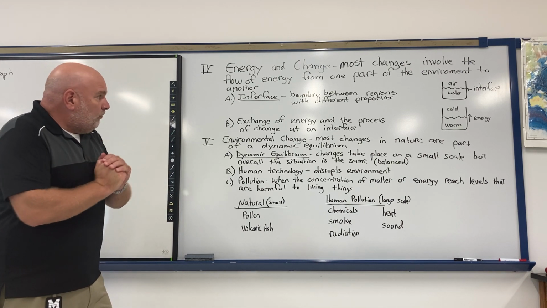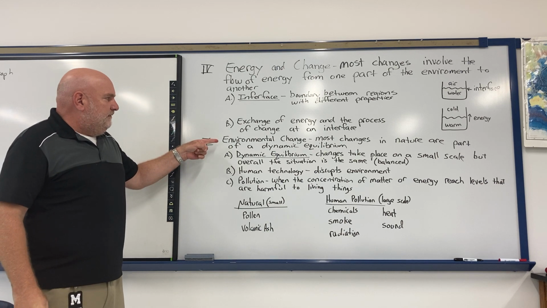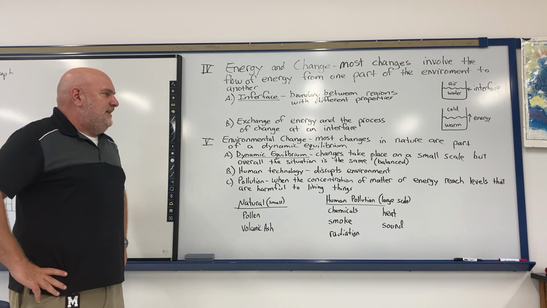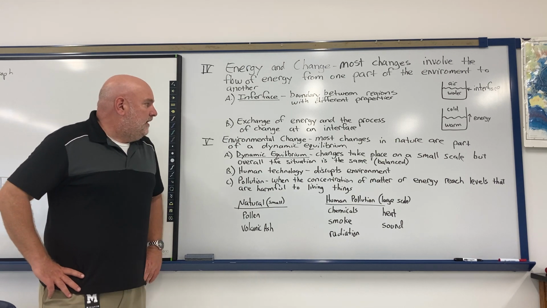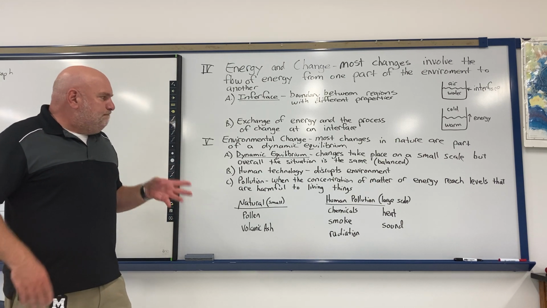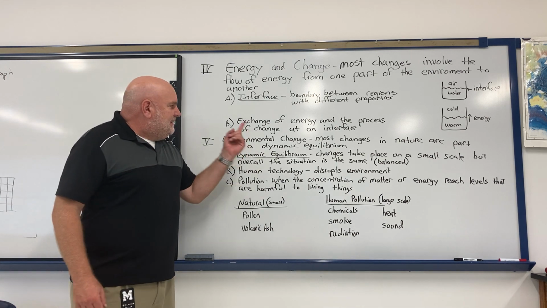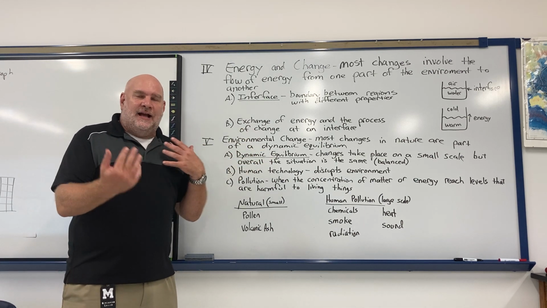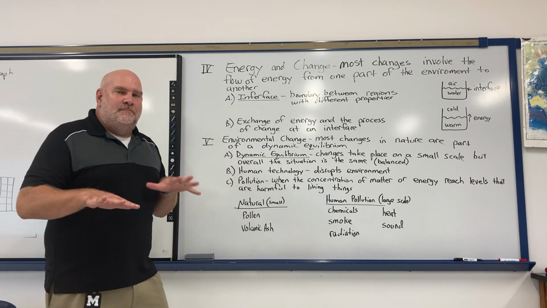Now, when we study change, what we notice in the environment is that most changes in nature are part of a dynamic equilibrium. All right? Now, dynamic equilibrium, what's that? Well, let's break it down. Dynamic means something that's very active and changing. Equilibrium means something that's nice and balanced.